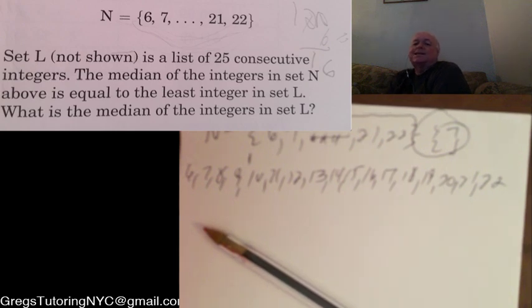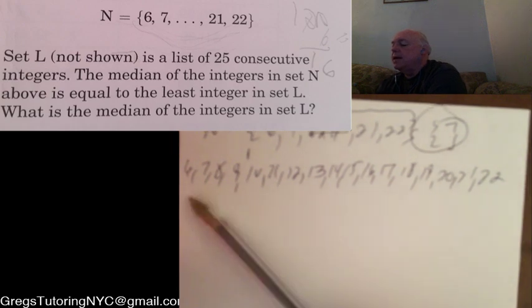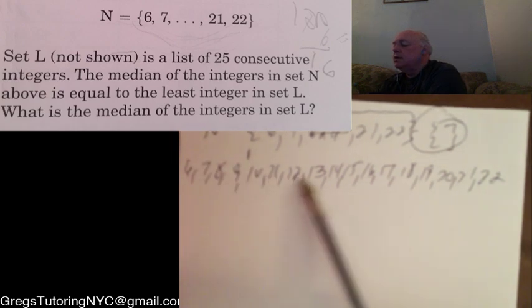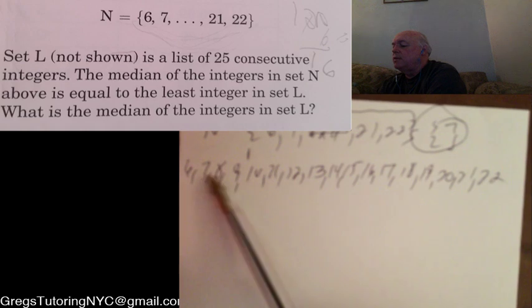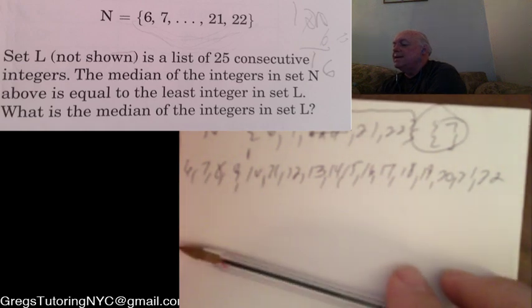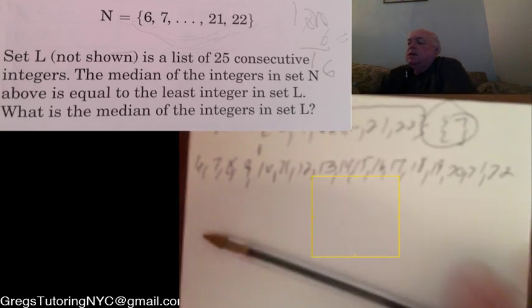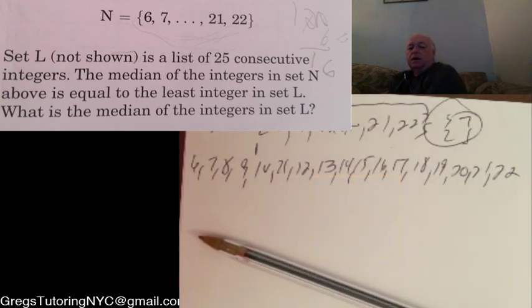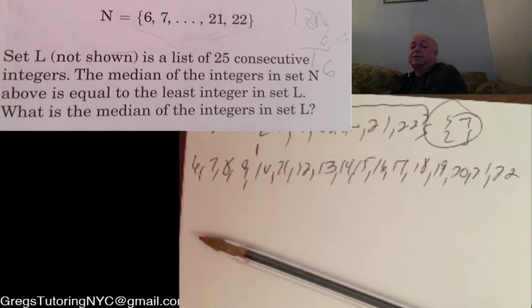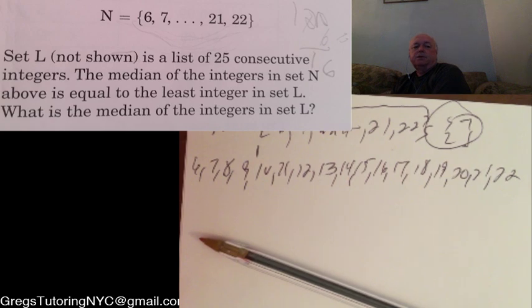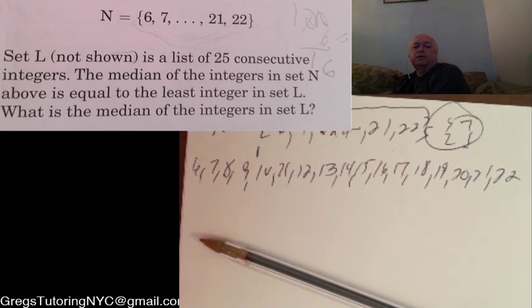You need to know what consecutive means. It means they follow each other, like 1, 2, 3. The integers in N are consecutive because they follow each other by 1. That's a mathematical term, and if you don't know it, you'll have to figure things out by context again. So set L is a list of 25 consecutive integers.